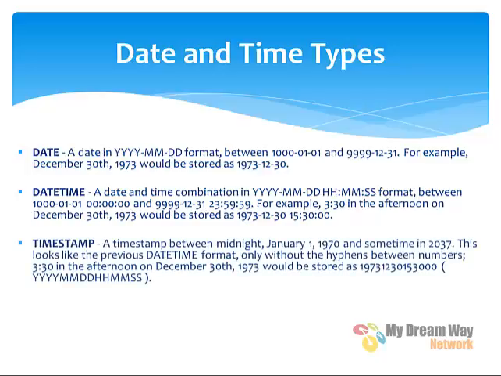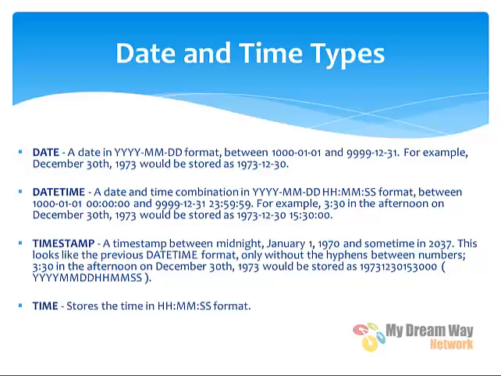Timestamp. A timestamp is between midnight January 1st, 1970 and sometime in 2037. That means it is like the previous datetime format only without the hyphen.